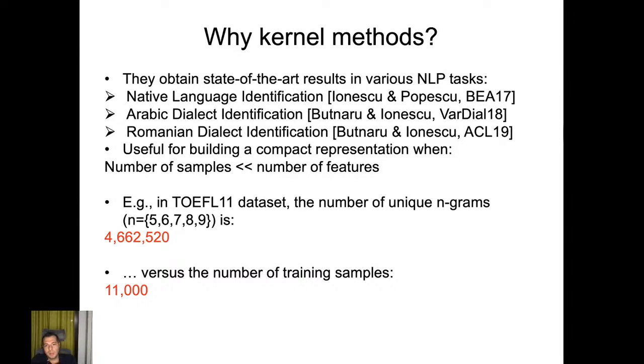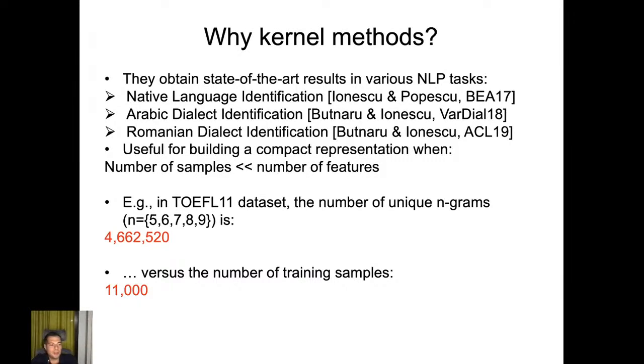Let's say that all documents in the dataset are written in English, but they are written by French people, by Romanian, by Spanish, and so on. We have these labels that tell us the native language of the writer that produced the English document, and we have to classify the documents according to their country of origin.